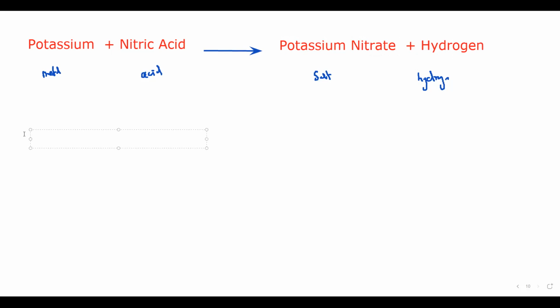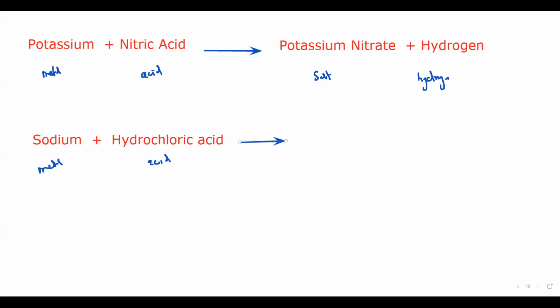Another example, if we have sodium plus hydrochloric acid. So what will be the product when sodium is reacting with hydrochloric acid? Sodium is a metal here, and hydrochloric, this is acid. So sodium plus hydrochloric acid.